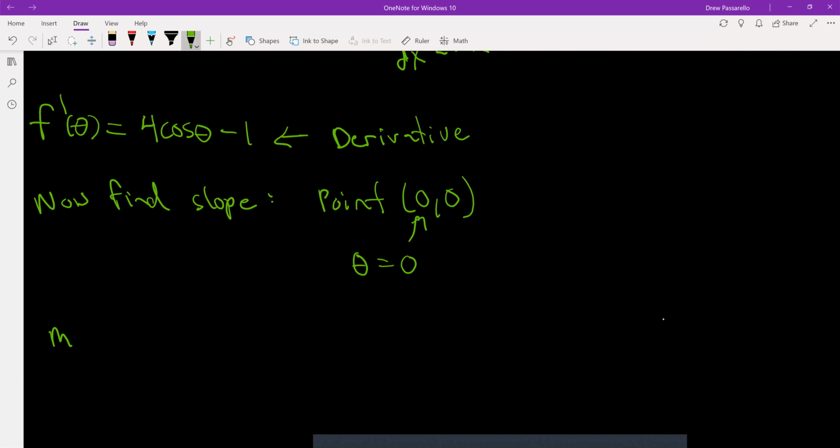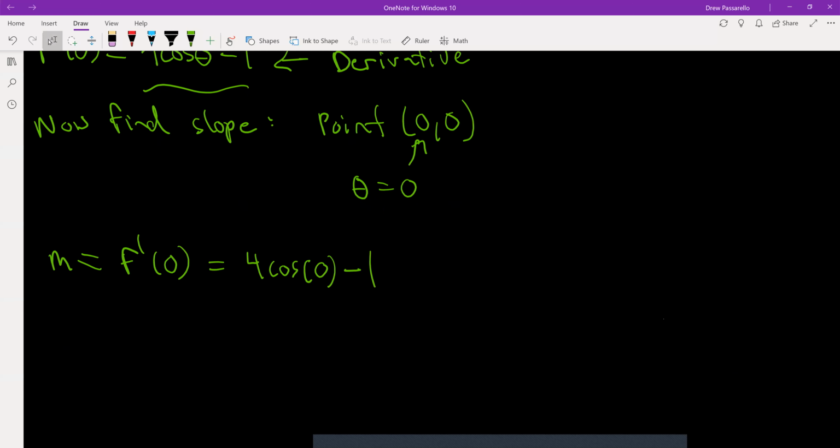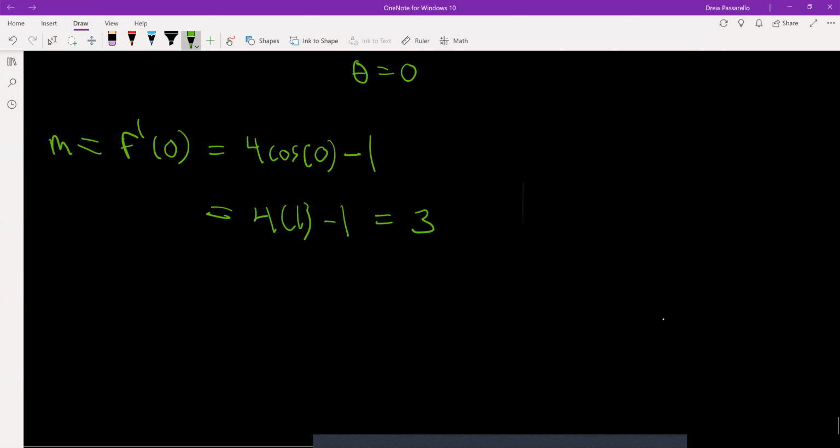So m equals f prime of 0, which equals, and I plug it into this, 4 cosine of 0. And then I have minus 1. And then on the unit circle at 0, cosine is 1. So this would be 4 times 1 minus 1. So 4 minus 1, which is 3. So the slope of the tangent line is 3.